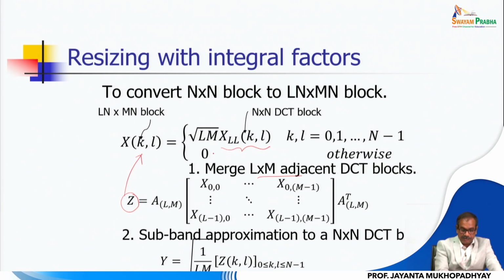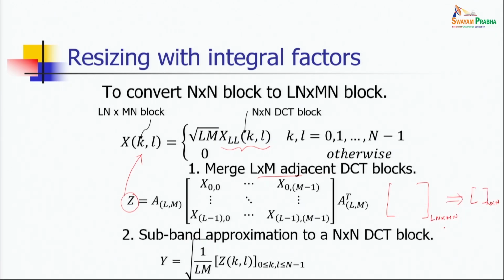So you have to divide it by root over 1 by LM, because you are reducing the size from a larger block. That means from an Ln cross Mn block, your output is an n cross n block, which means by a factor L cross M you are reducing it.